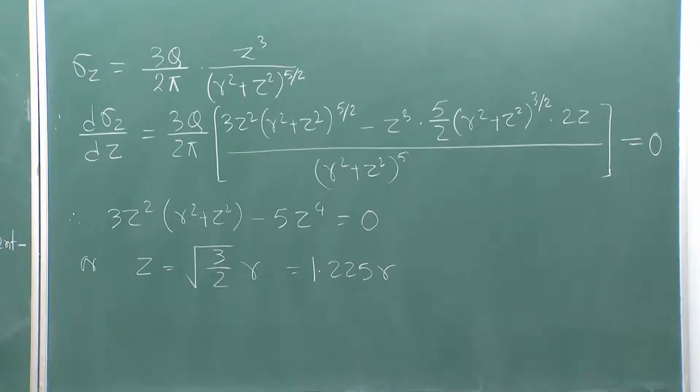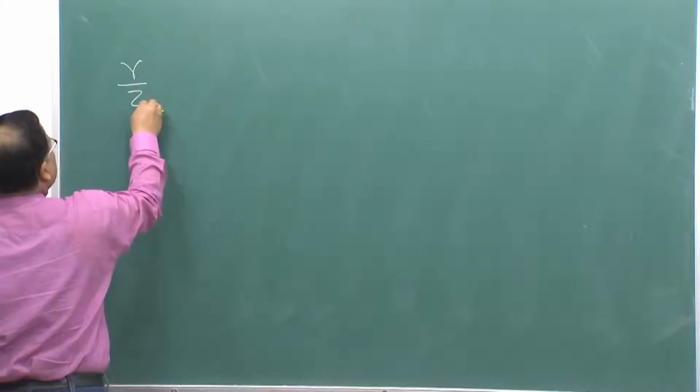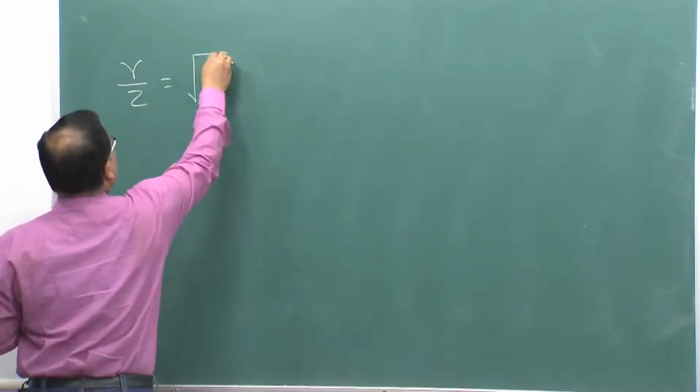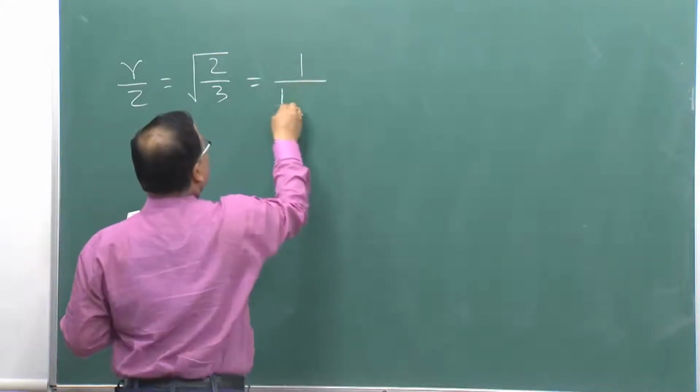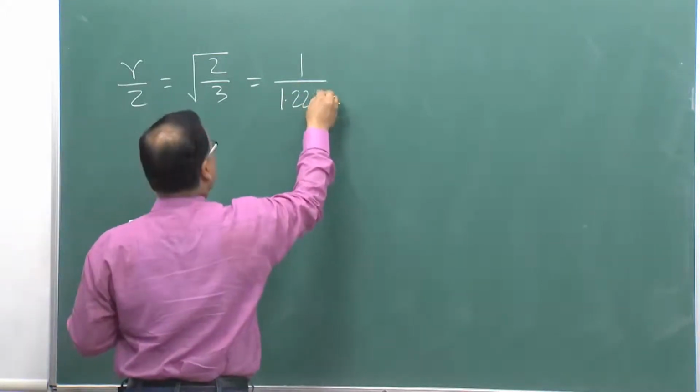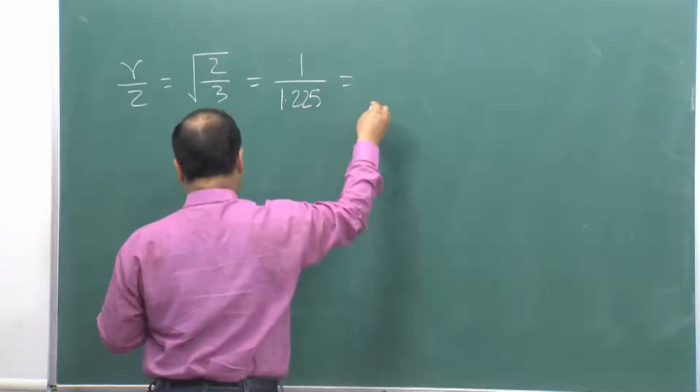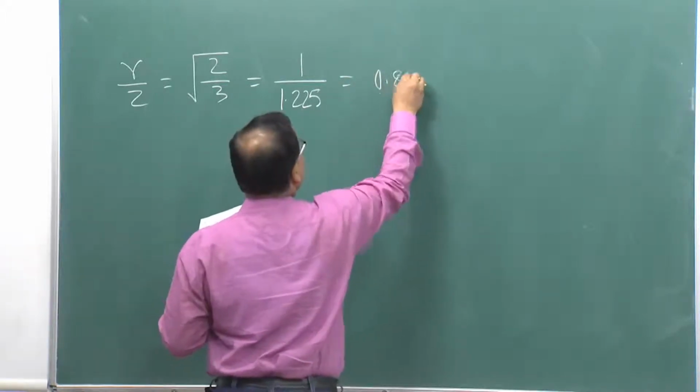Okay. So, therefore, r by z is equal to root over 2 by 3, which is equal to 1 by 1.225, which is equal to 0.817.